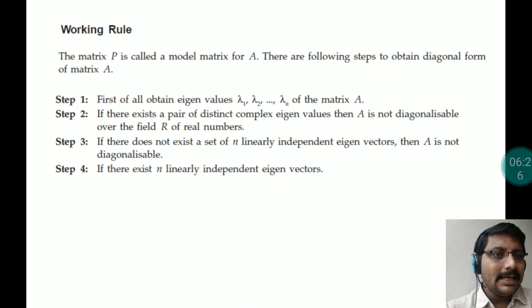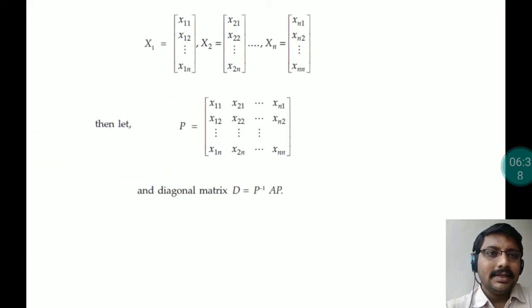If n linearly independent eigenvectors are not obtained, then also A is not diagonalizable. So these are the n eigenvectors, x1, x2 and so on xn. With these we define the model matrix P. If we compute P inverse AP and get the diagonal matrix D, then we say that A is diagonalizable.